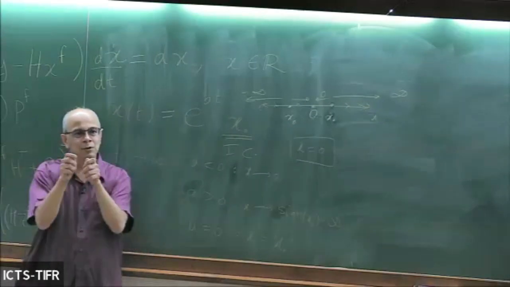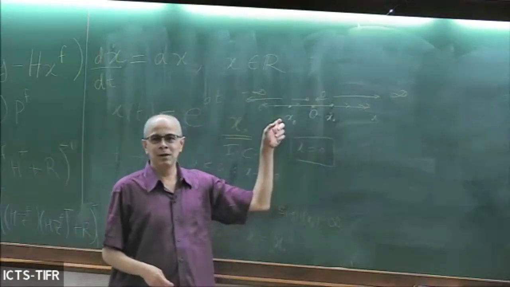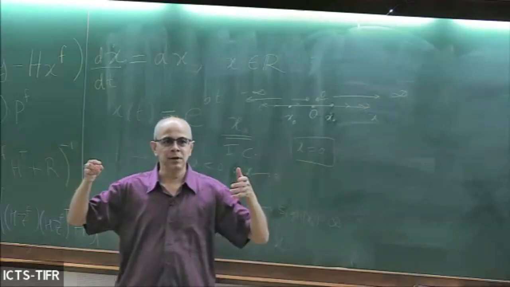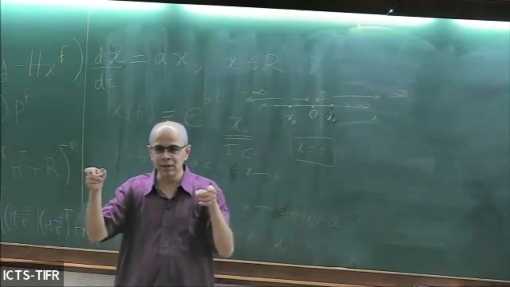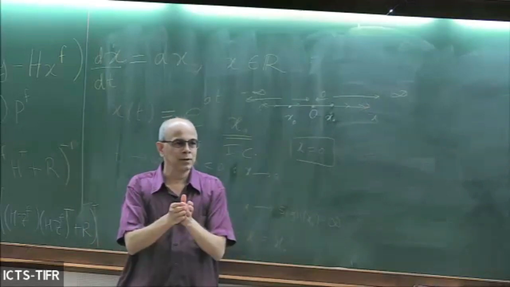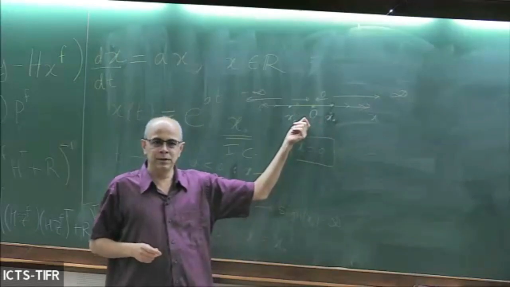All of them will come closer and closer to 0. So think of this as the initial ensemble. It has a finite variance, a finite standard deviation. As time progresses, this will keep decreasing and becoming smaller and smaller. The variance of the ensemble will decrease in time.